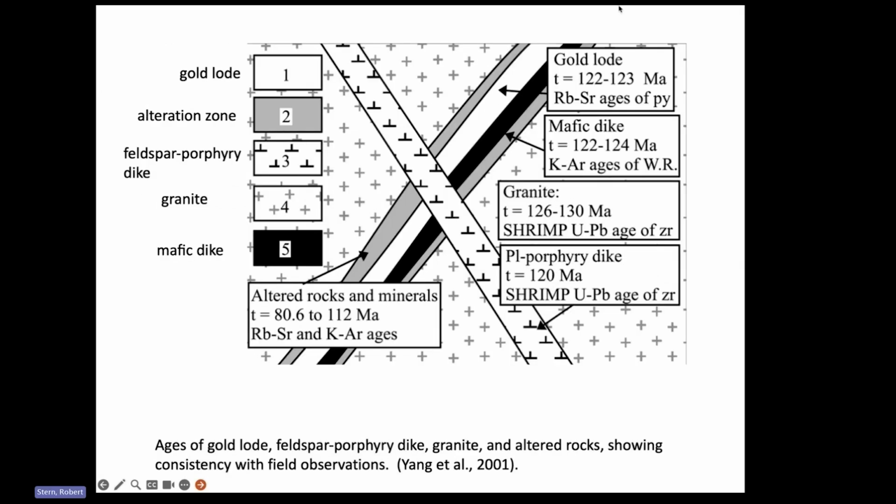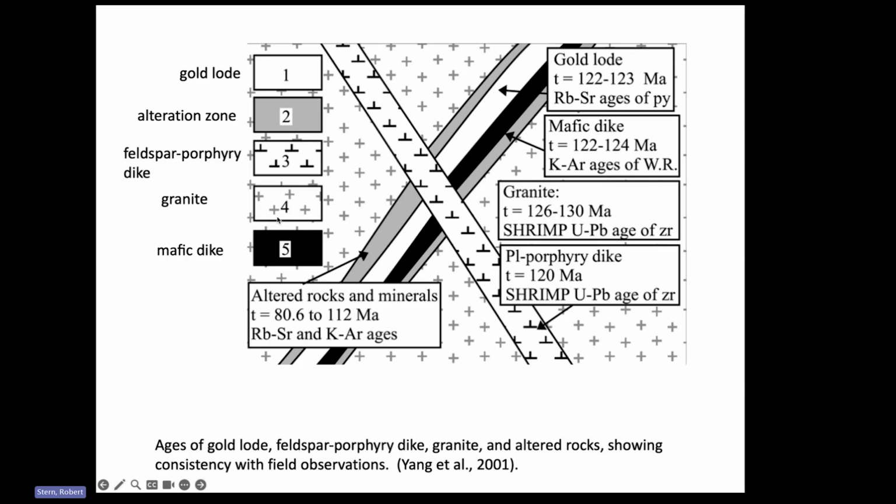Okay, here's another example. This one is a complex relationship in an outcrop. There's the gold lode in white. Then there's the alteration zone around it. Then there's a feldspar porphyry dike that comes across it, which basically must be younger than the ore mineralization.